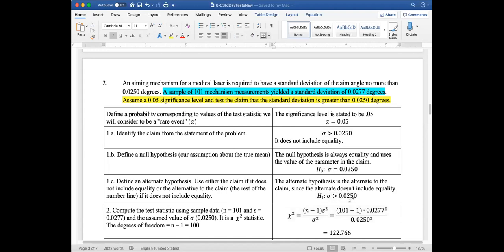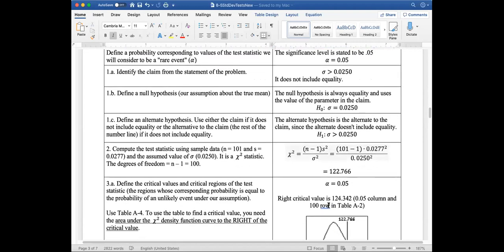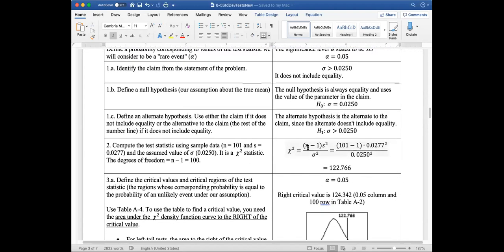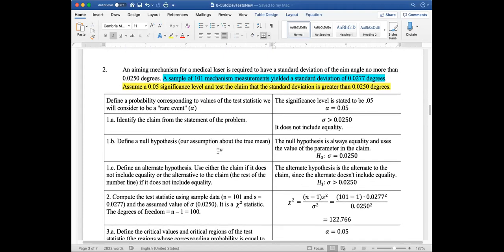same as the claim. Then we go down to the test statistics, step 2, and we need sample size and sample standard deviation, which were given in the problem. Sample of 101, others are sample size, yielded a standard deviation of, there is our standard deviation value, 0.0277.